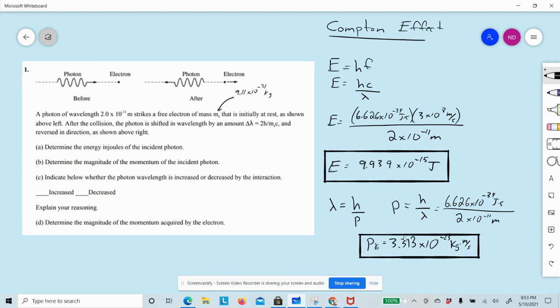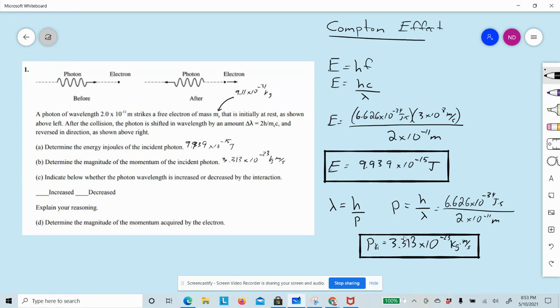That's the momentum. So there are the first two parts: 9.939 times 10 to the minus 15th joules and 3.313 times 10 to the minus 23rd kilogram meters per second.